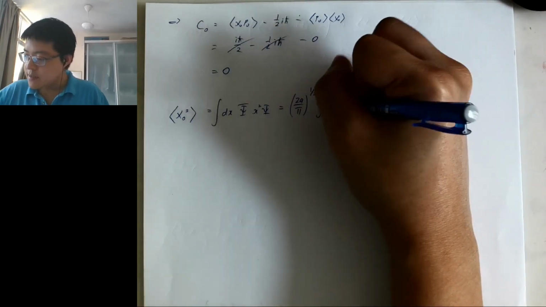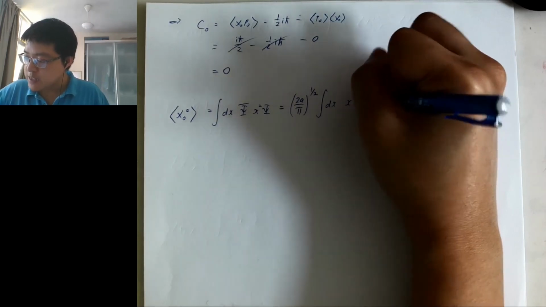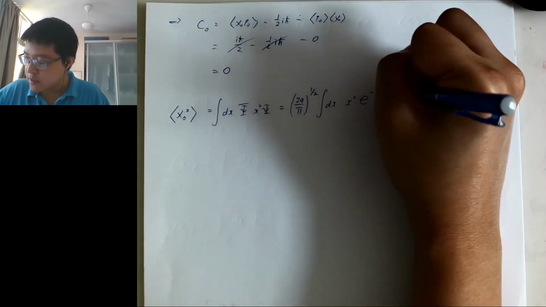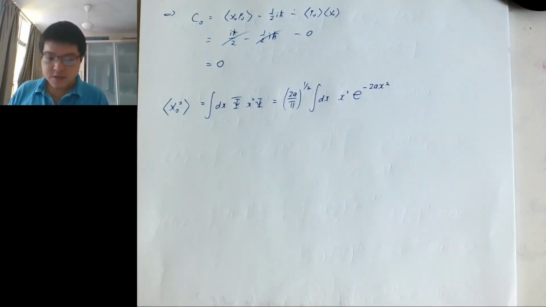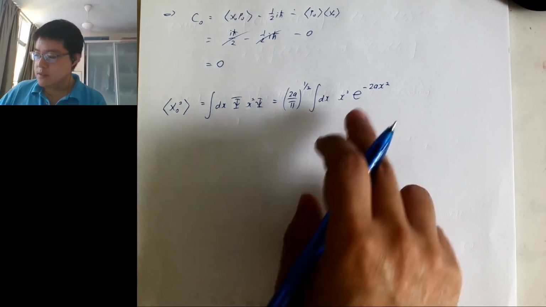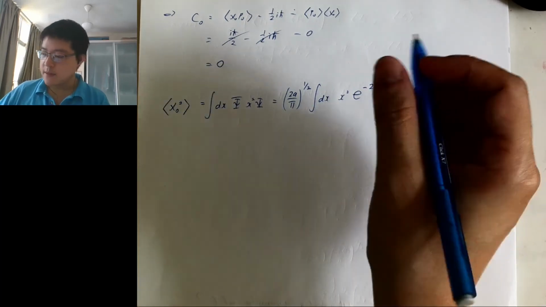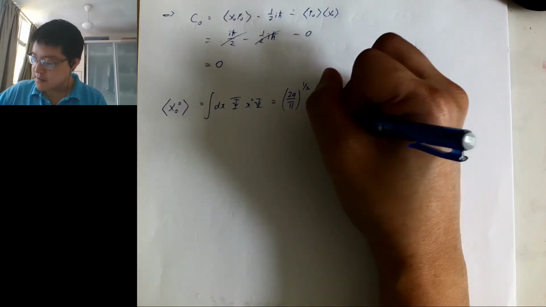And then this is the integral of x squared times the exponential of minus 2ax squared.